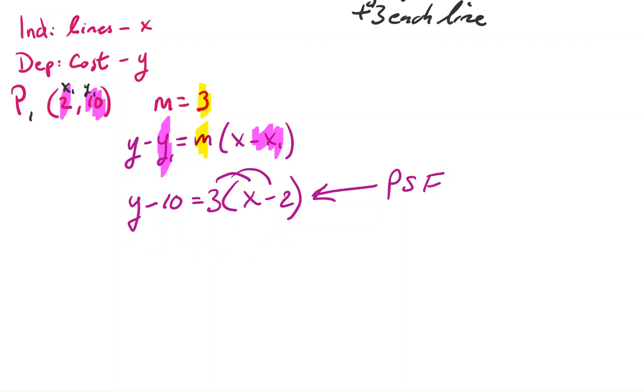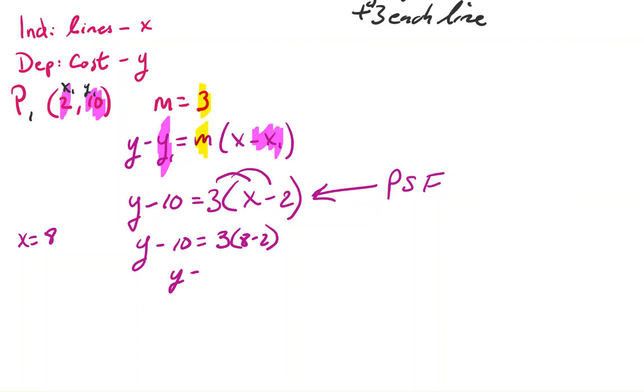And basically what they want us to do now is they want us to say, okay, now I want to know what is y when x is equal to 8 lines. Well, here we go. Y minus 10 equals 3 times 8 minus 2. And let's take care of business.